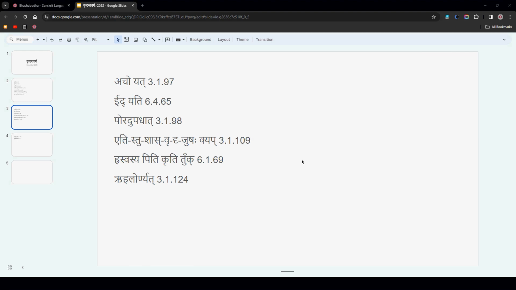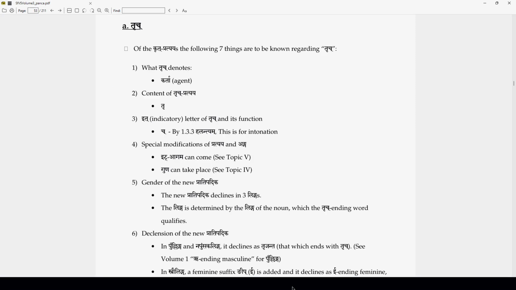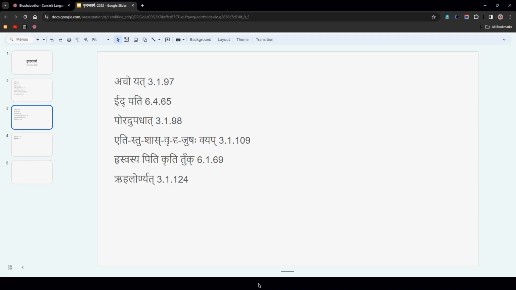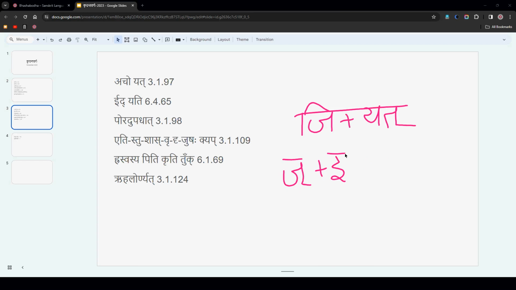Okay, so talking about this here. The it letter: ji plus yat, ji plus yat. Ji plus i plus yat.